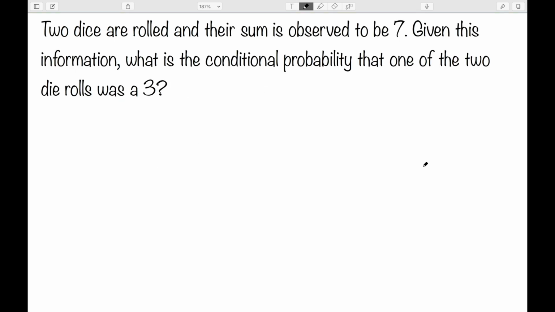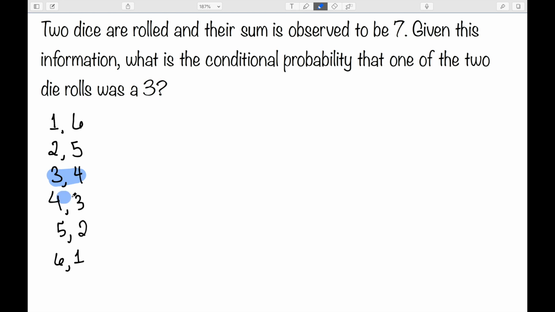Two dice are rolled, and their sum is observed to be a 7. Given this information, what is the conditional probability that one of the two dice rolls was a 3? So we know that the sum was 7, so we could have had a 1, 6, a 2, 5, 3, 4, 4, 3, 5, 2, or 6, 1.